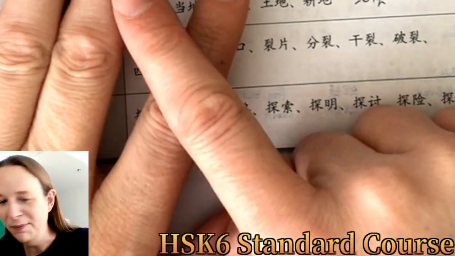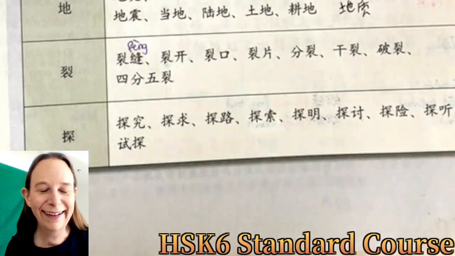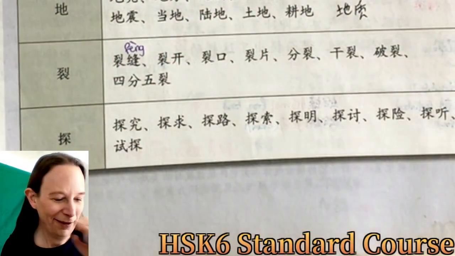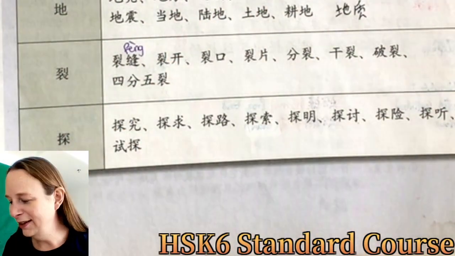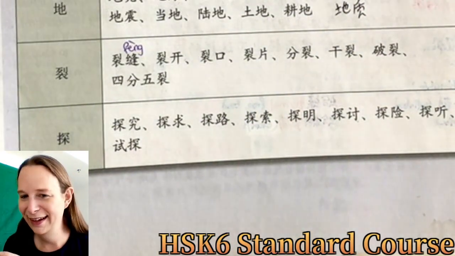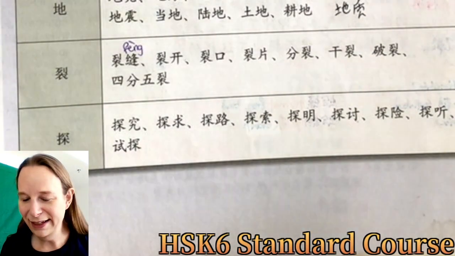So I stabbed myself with a pen the other day. That's my 伤口. Can you see my 伤口? Okay, so it's a wound. So 裂口 is where something splits open. The wound in the sense of where something is split.